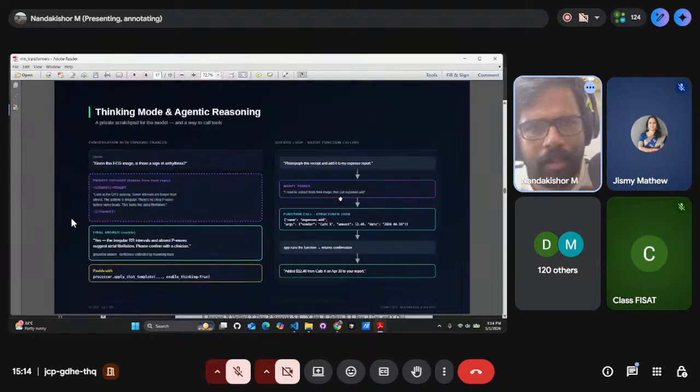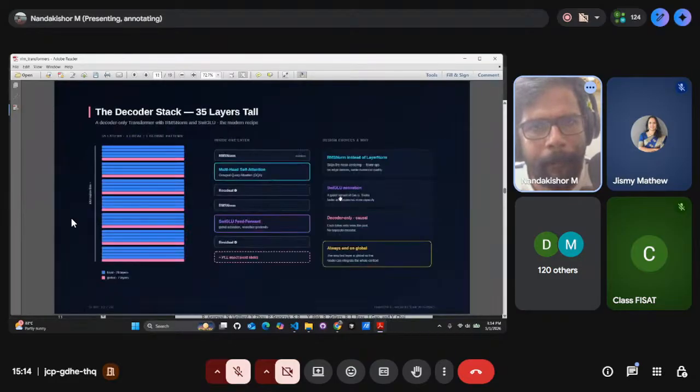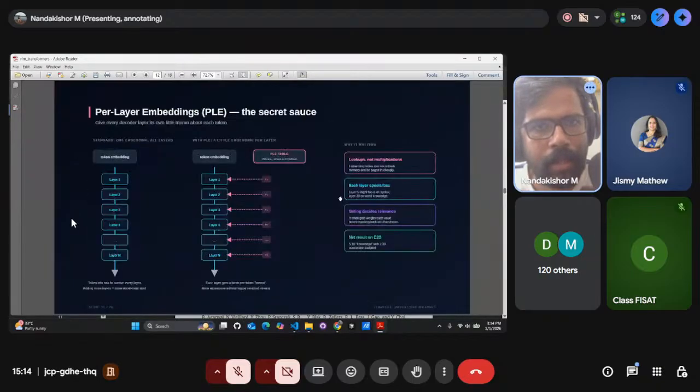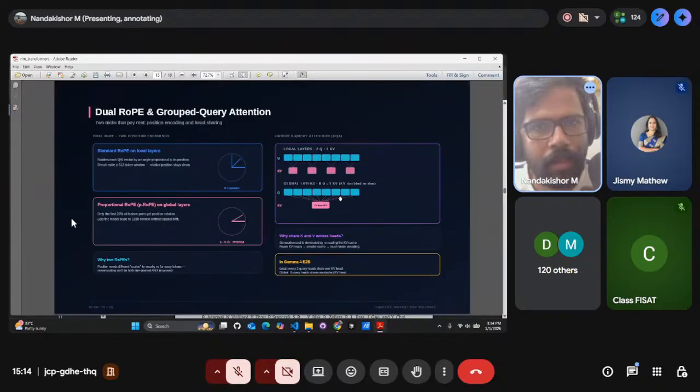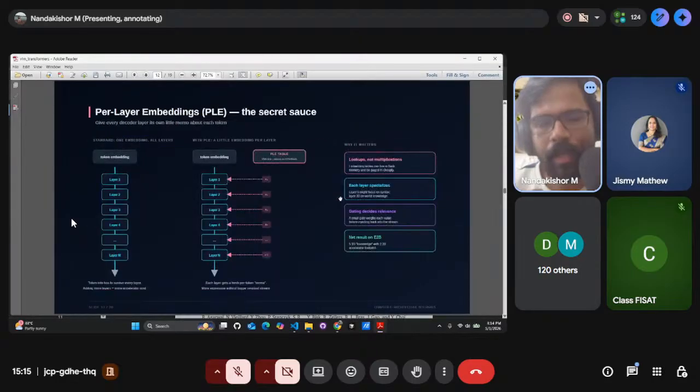We need to discuss some of the interesting ideas, particularly in modern language models.